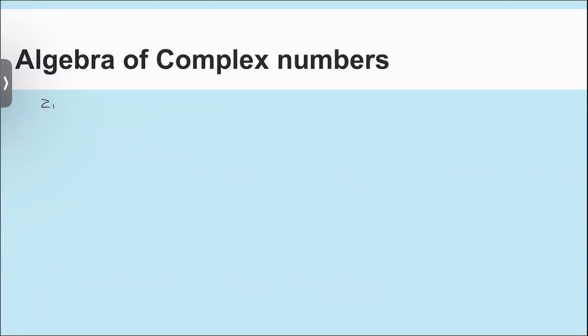So if you have z1 equals 6 plus 3i and z2 equals 2 plus i, and if you have z3, we will take as 1 plus i.